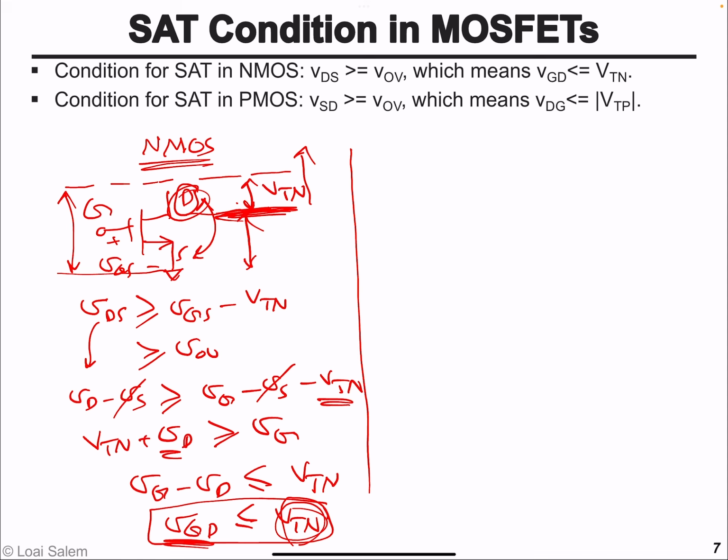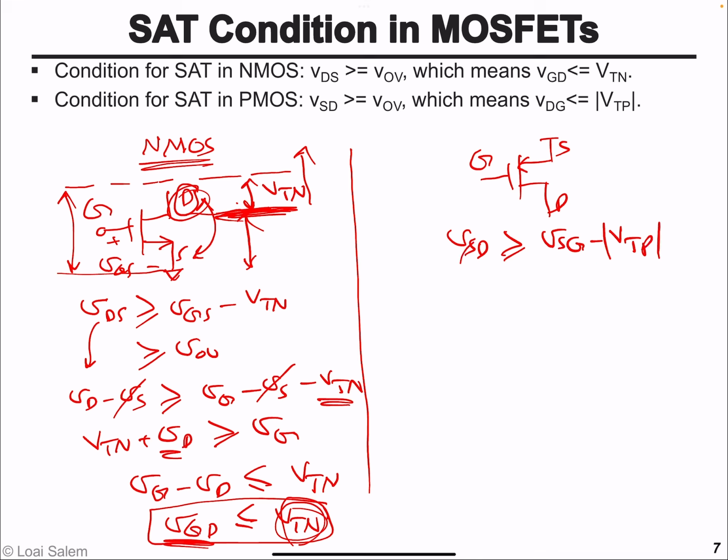And the same thing applies if we have a PMOS, with its source, drain and gate. We said that for the PMOS to be in saturation, its source to drain voltage should be larger than or equal to the overdrive voltage, which is VSG minus the absolute value of VTP.